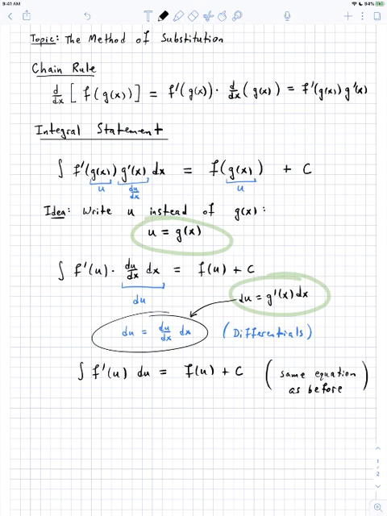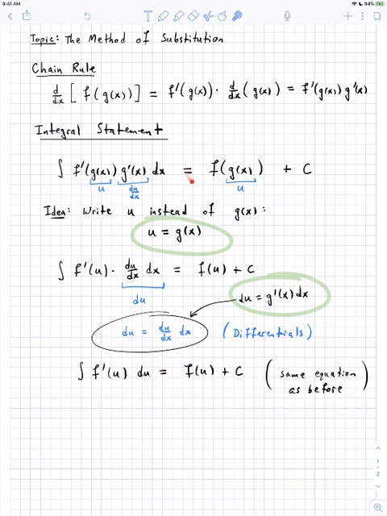it's a true statement. The idea being here that we are trying to discover the composition. We're going to start with an expression that looks like the integral of f prime of g of x times g prime of x dx, but it won't look like that. The idea is that maybe it is this, and we can rewrite it in some way using a substitution so that it becomes something simpler, something that we know how to work with.